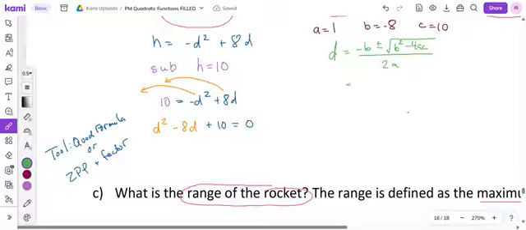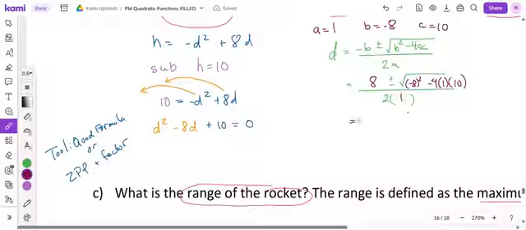All right, let's sub in our values. Okay, -8 is just 8. Okay, A is 1. All right, so we're just all doing this.